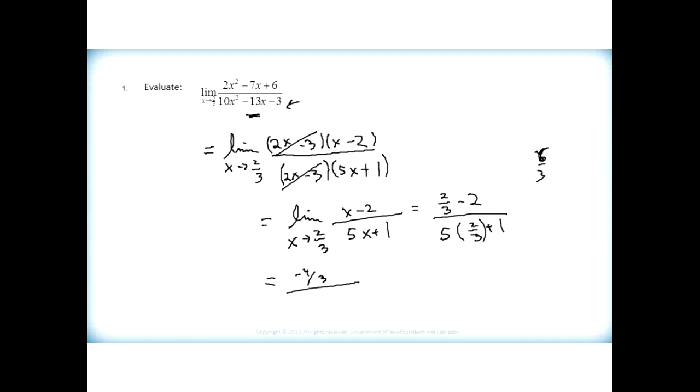In our denominator, we've got 10/3 plus 3 over 3. So that gives us -4/3 divided by 13 over 3. Canceling those 3's, we have -4/13. So -4/13 is the value of this limit.